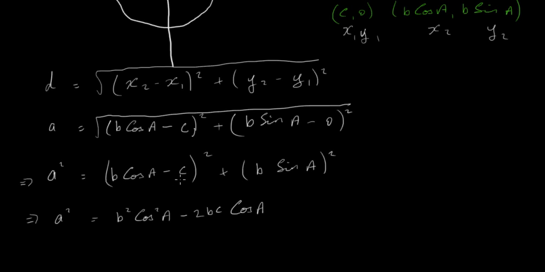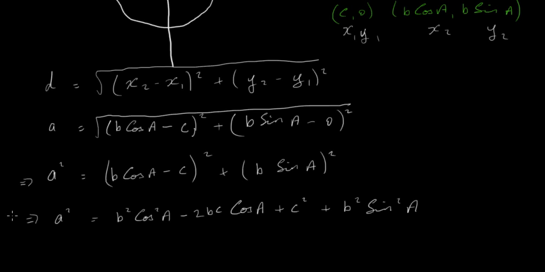And then you must square the c as well, or the minus c, so that will give us plus c squared. Okay, now to square this bit here out, it's just simply a case of squaring the b and squaring the sine a, because they're multiplied. So let's see, it's b squared sine squared a.